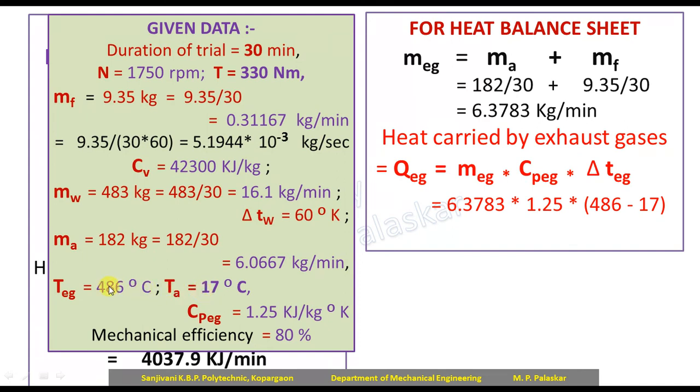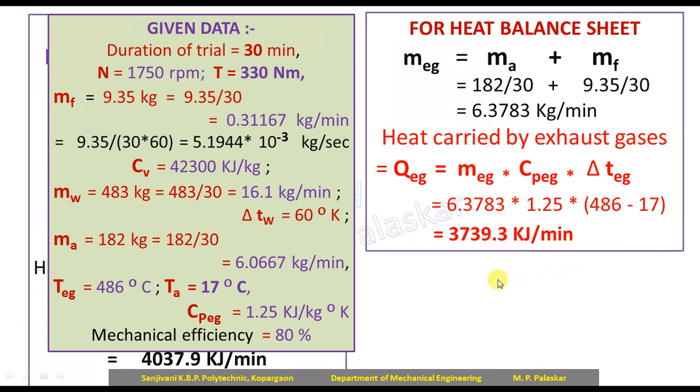So temperature of exhaust gas minus the temperature of the atmosphere, 486 minus 17, is the rise in temperature of the exhaust gases, to find out the heat carried by the exhaust gases. This equation gives the value of the heat carried by exhaust gases as 3739.3 kilojoule per minute, right?